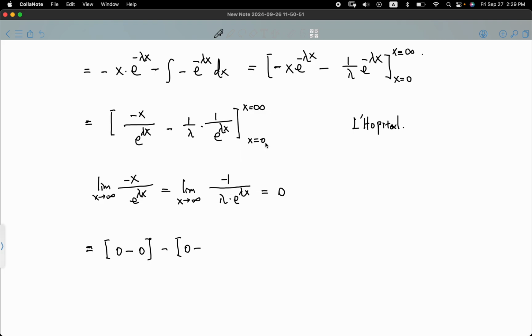And now when you plug in 0 for the second term, this is a 1, so you only have one copy of 1 over lambda. And this is a positive 1 over lambda. Okay, so just to remind you what we're doing here, this is the expected value for an exponential distribution.